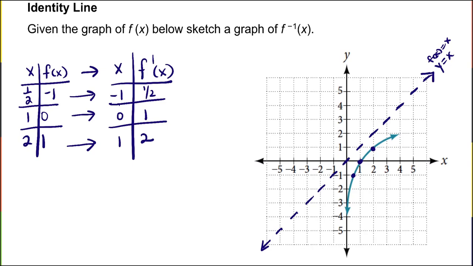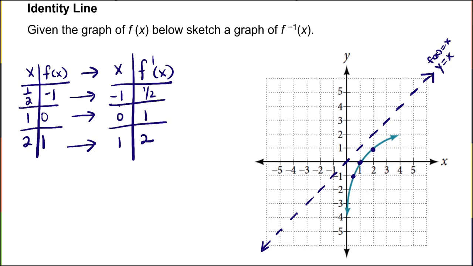So now we're going to plot, and I'll do a different color, these points, and it will be the inverse. So we've got the point negative 1, up 1/2. We've got the point 0, up 1, and the point 1, up 2, and there you have it.